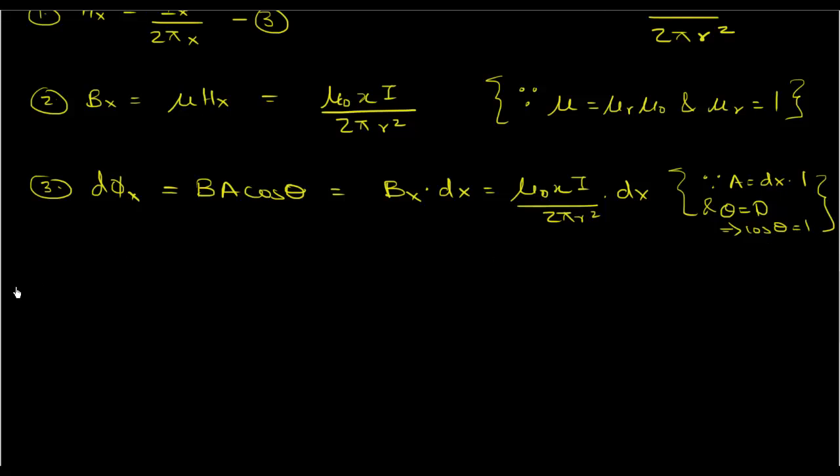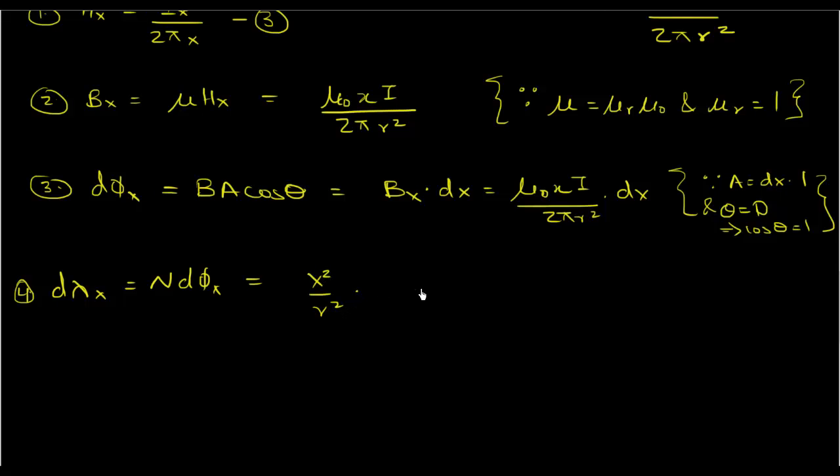So we've seen this. Step 4, let's calculate our d lambda x. This will be nothing but n times d phi of x. We know that our n is given by x square over r square.